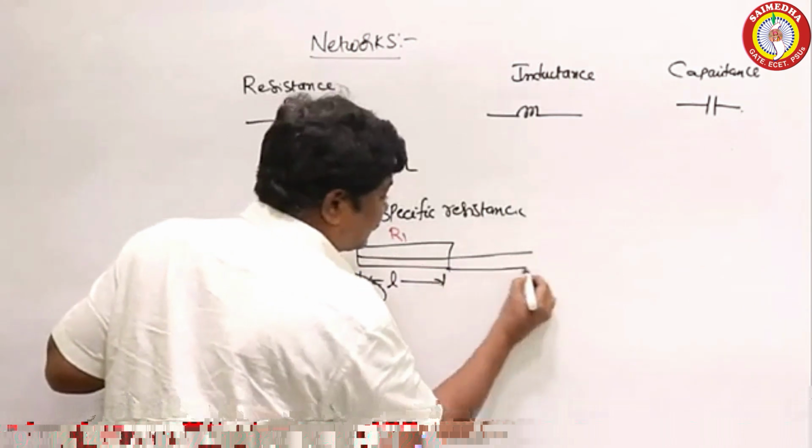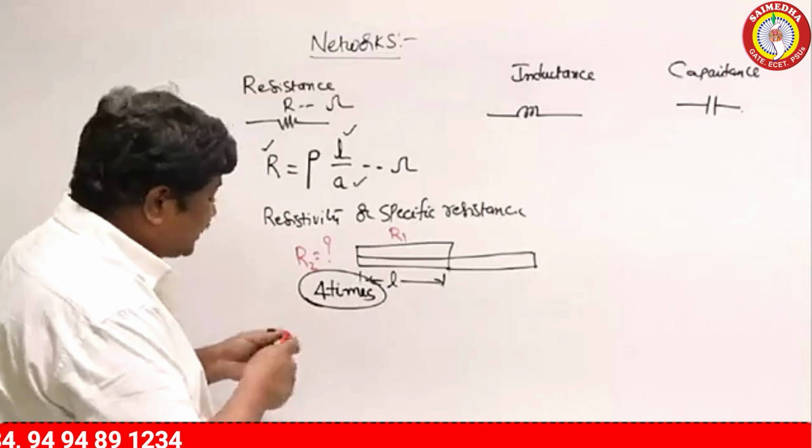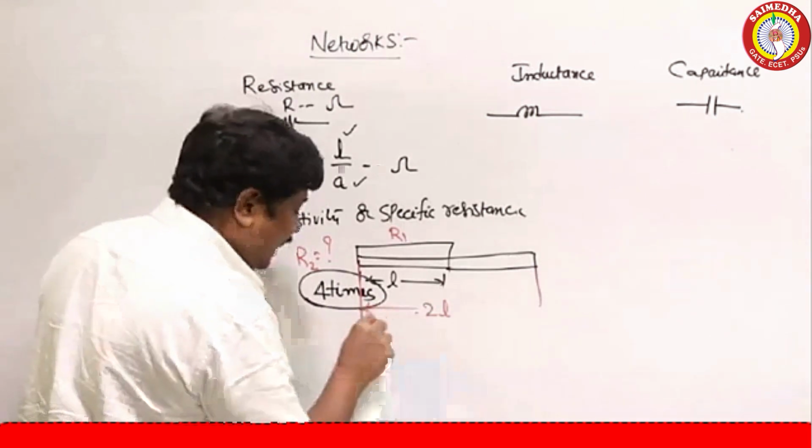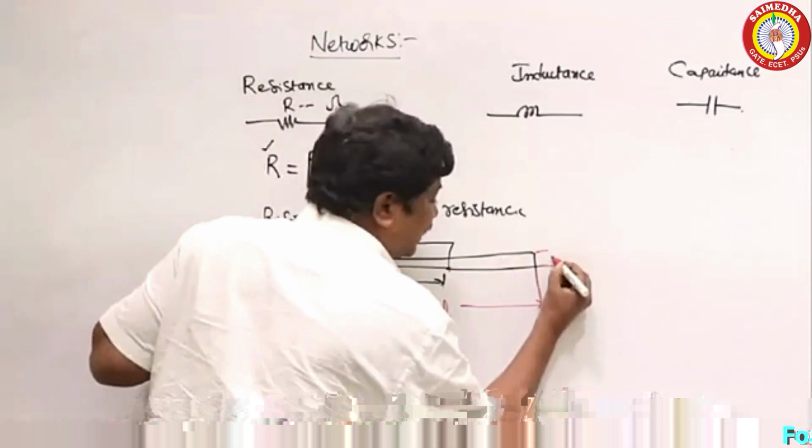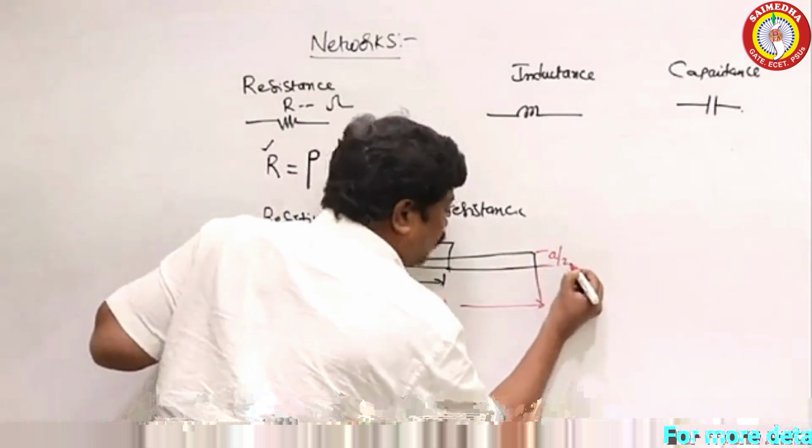So what happens is, if you make the length double like this, the new length of the material becomes 2L, and the area of cross section becomes A by 2.